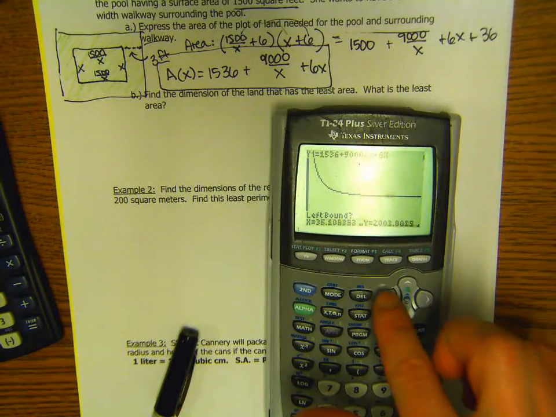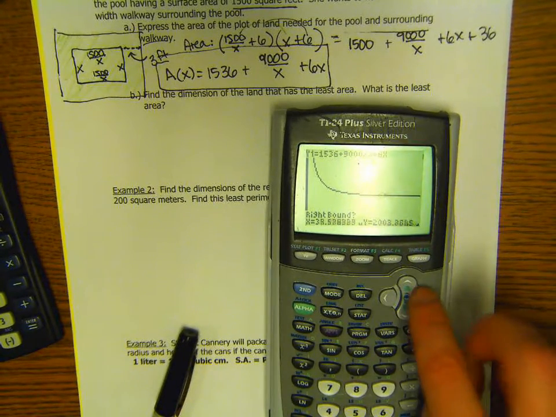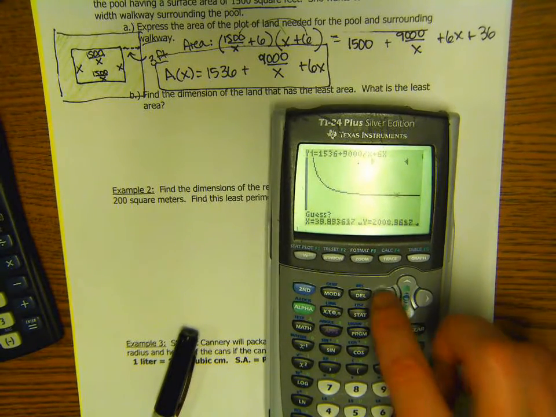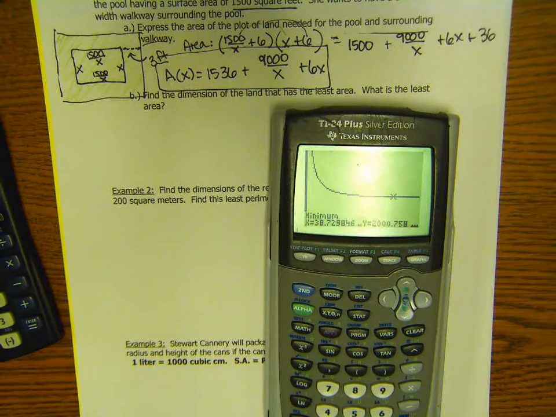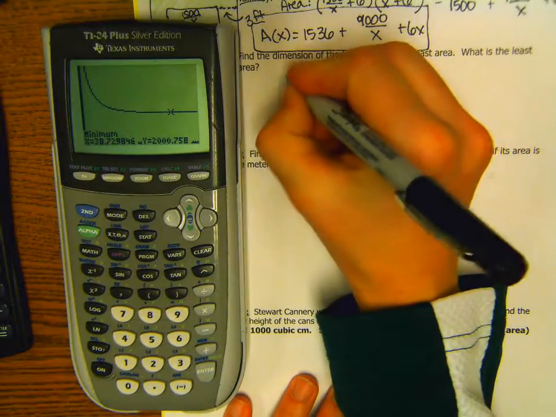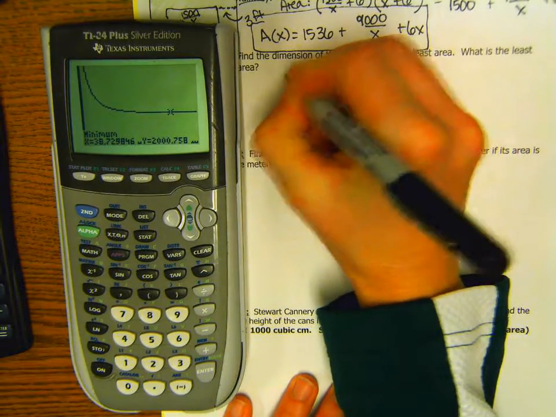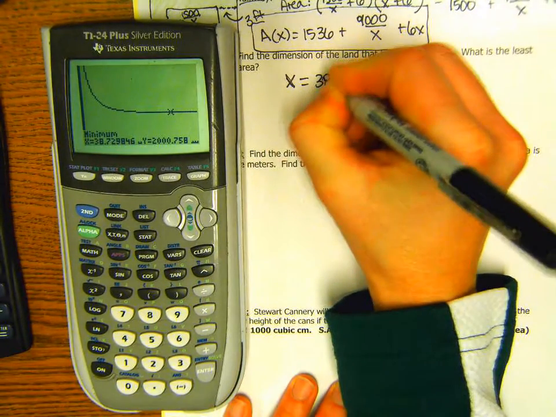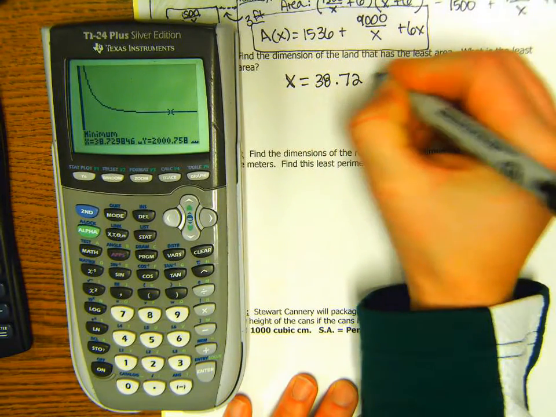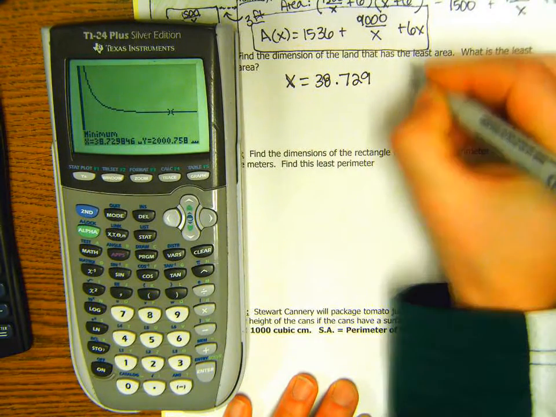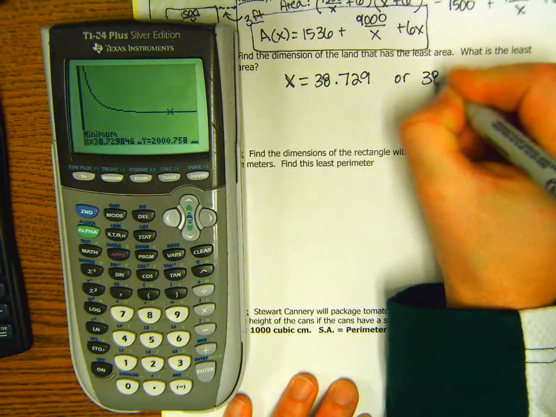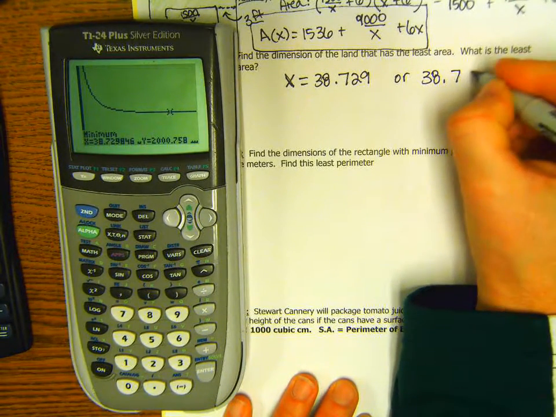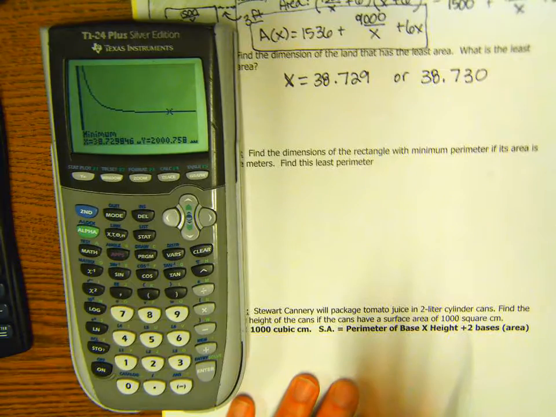We're going to go down and wait till it comes back up again. Okay, so I get that X is equal to 38.729 if I truncate, or truncate means you just cut off the decimal, 730 if I don't.